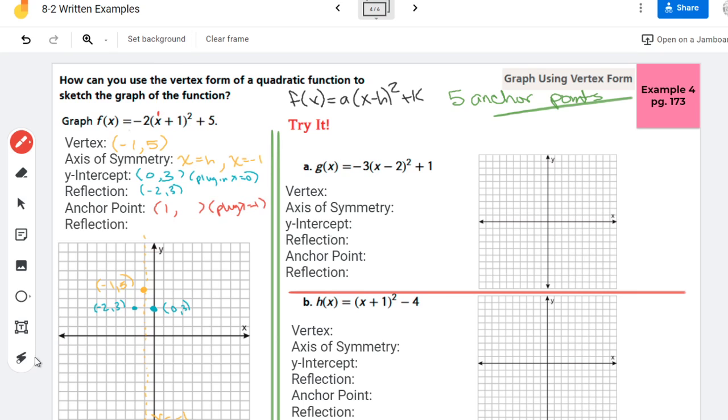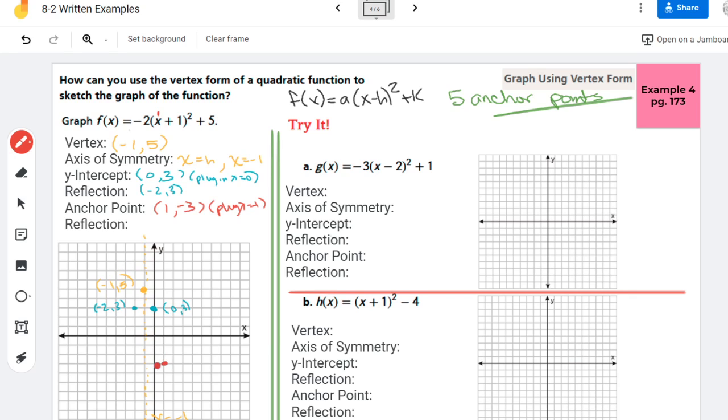So if I replace x with 1, 1 plus 1 is 2. 2 squared is 4, so this set of parentheses is 4. -2 times 4 is -8, and if I add 5, I get -3. So over at 1, I'm going down by 3.